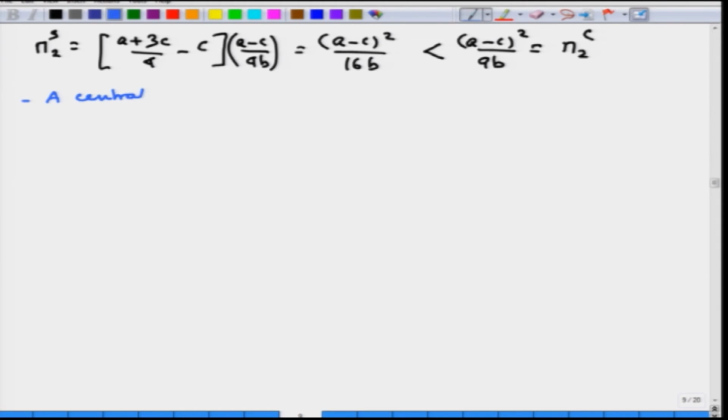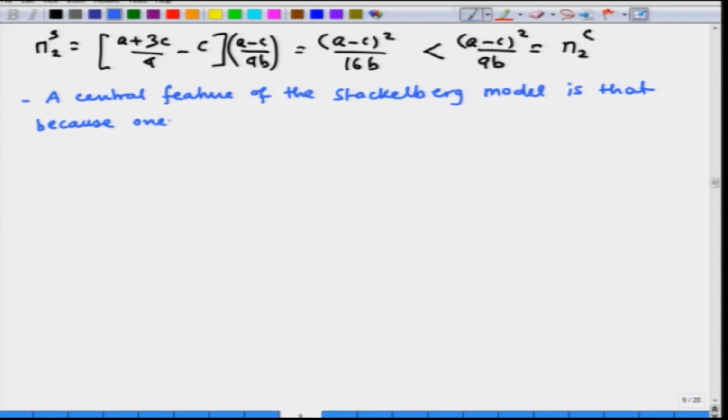So, in the Cournot model, both the firms moved simultaneously and the outcomes were the same output chosen by the two firms and the same profits that they got. So, a central feature of the Stackelberg model is that because one firm, which is firm 1, moves before the other, the outcome is different for the two firms.